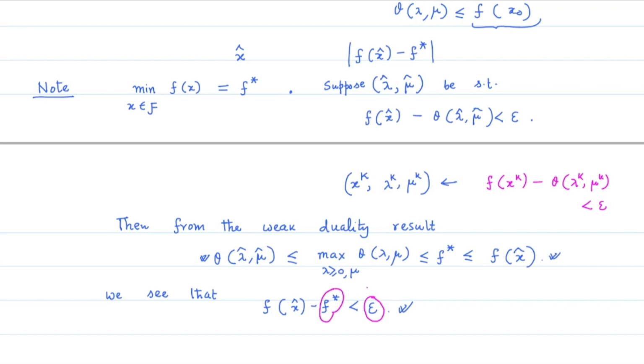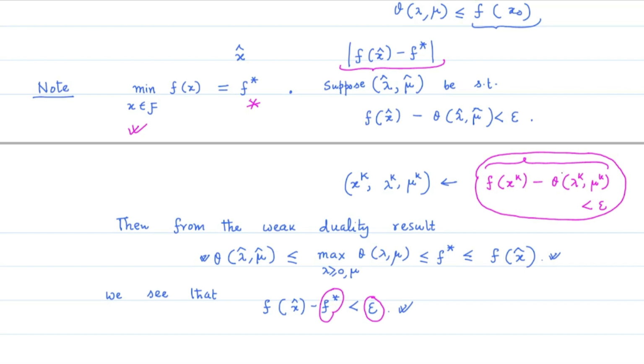And this is really fascinating: without knowing the value of f star, just by knowing the difference between the primal and the dual objective function values, you can estimate how far you are from the true optimum solution to this problem. So this entire expression can be considered as a stopping condition of an optimization algorithm for a constrained optimization problem.